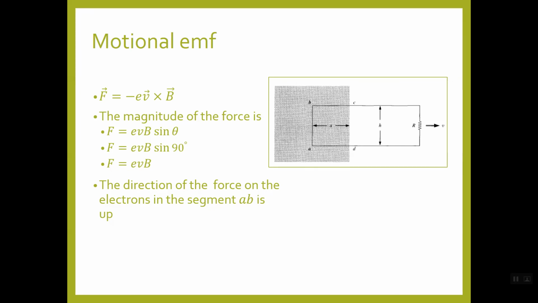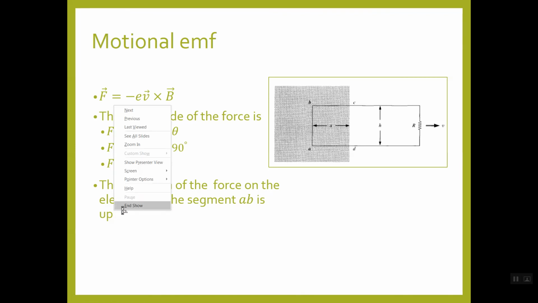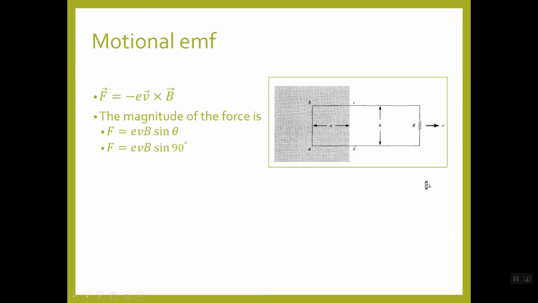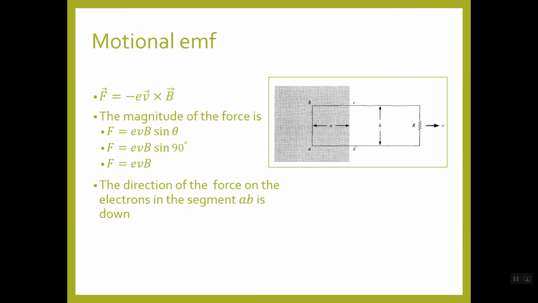V cross B is up, but because we're dealing with electrons, actually this should be down. So the direction of the force on the electrons in segment AB is down, which means that the current is in the opposite direction and will be going in the clockwise direction.